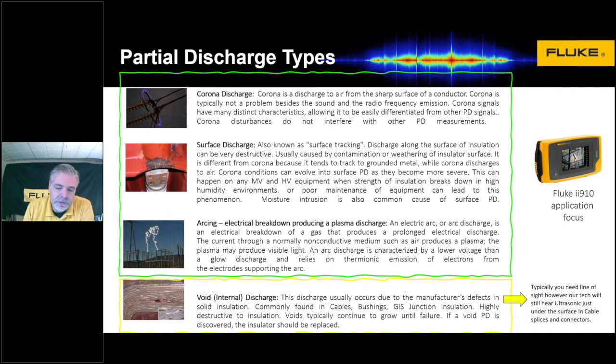It has to do with how deep under the surface it is. So conductors and splices that are a couple inches thick, we can see them. We actually have some video and some images of finding these before they turn into problems. So it is something that we're hesitant to say we can completely do, but you may find that you have that ability with the ii910 because it is so sensitive.